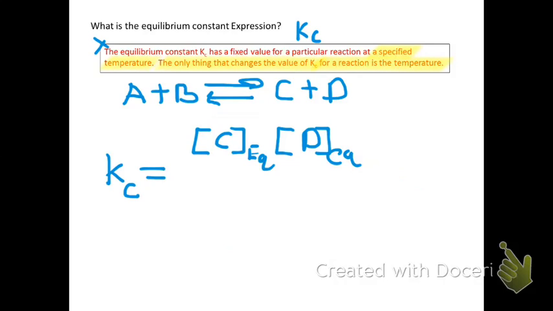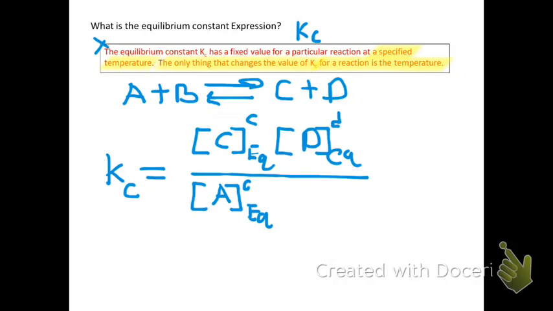And we're going to put it up to some power, c and d. And really those c and d are the coefficients in our balanced chemical equation, over the concentrations of our reactants at equilibrium, EQ, to their coefficient power in the balanced equation.